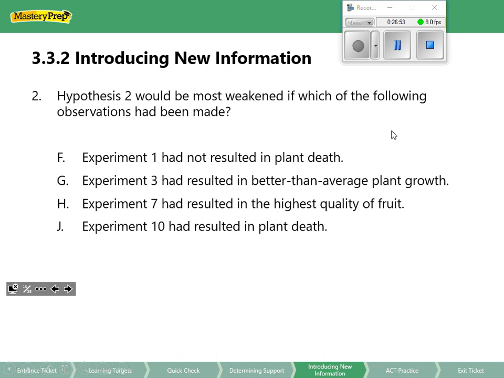Well, hypothesis 2 said green light will do what? Negatively affect, yes? Well, if experiment 3 is saying that it's having better than average growth, that's going to hurt the hypothesis, yes? Because when we say it's going to weaken the information, we're saying it's going to hurt it. It's going to prove it wrong, yes?